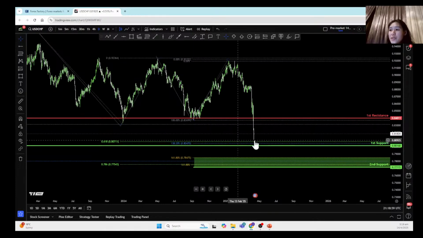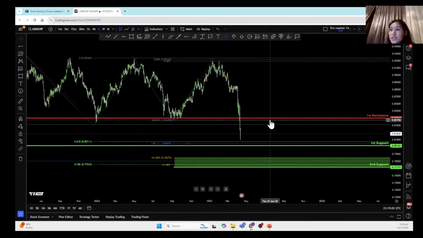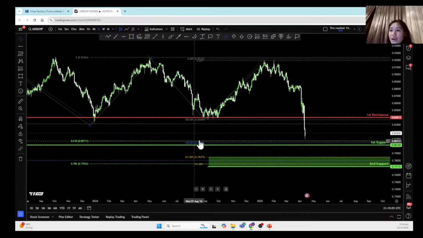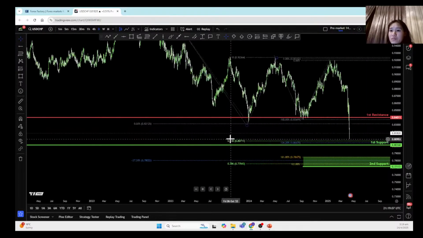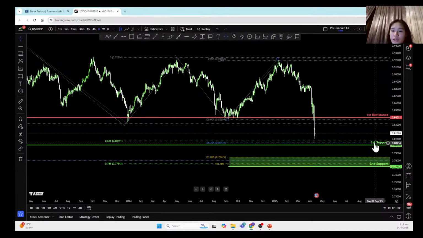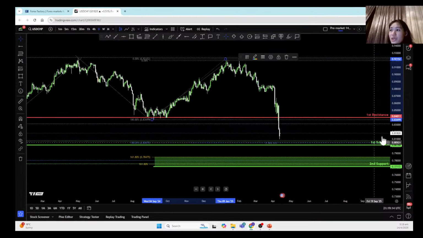So I'm expecting prices to continue pushing downwards, although here at our first support we also have quite a big support level.